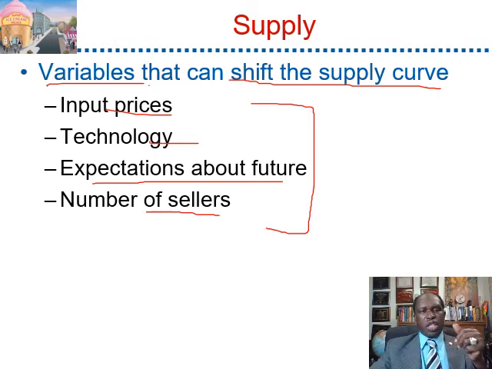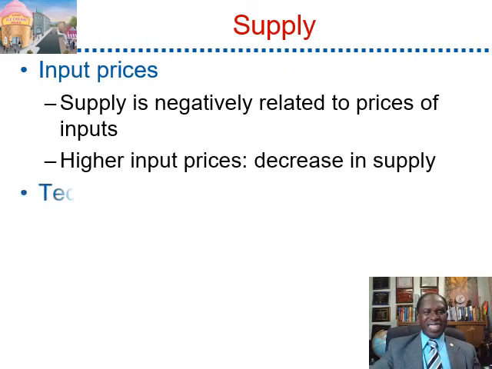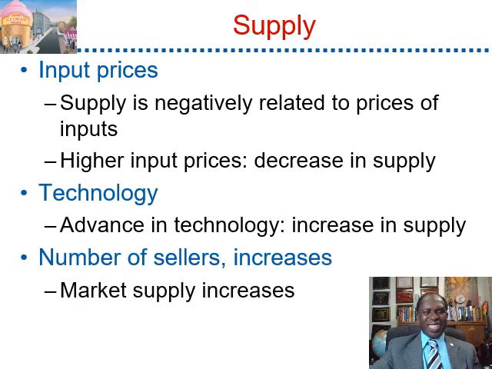If these factors decrease, supply will decrease and shift to the left. With respect to input prices, supply is negatively related to input prices.